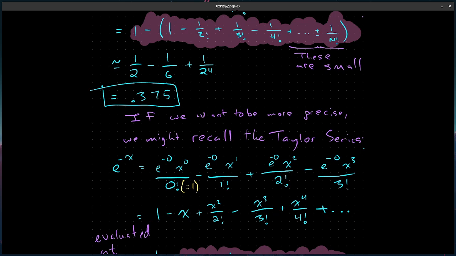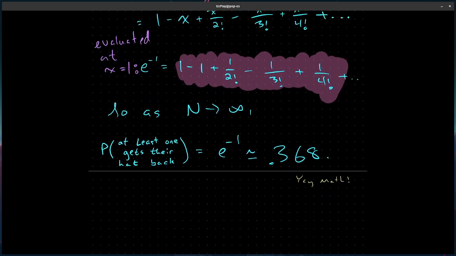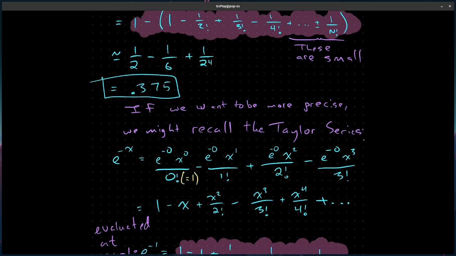So as n gets larger, the solution for this problem will approach simply the value of e to the negative 1. And as we see, 3.68 is pretty close to 3.75. So as n increases, the probability that you get your hat back will converge to e to the negative 1, which is a neat mathematical trick.